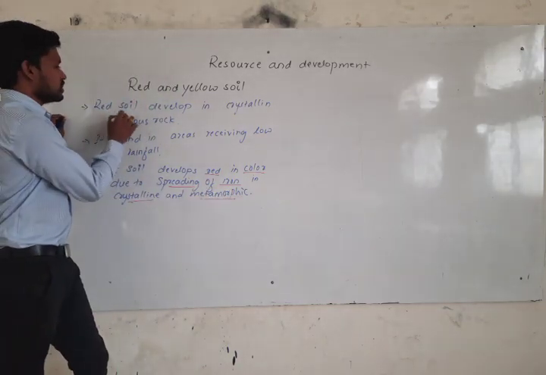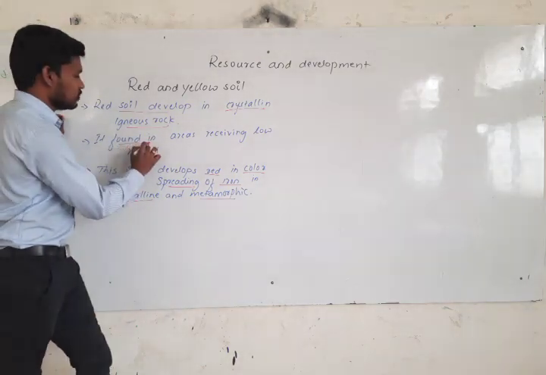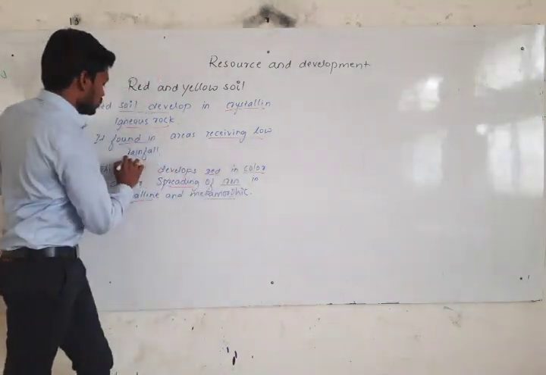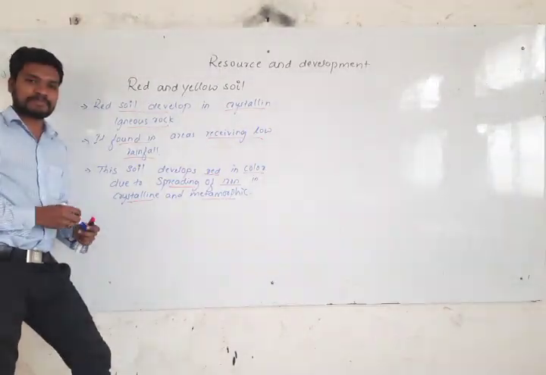So this red soil develops mainly in the crystalline igneous rock, and it's found in areas which receive low rainfall. So what are those areas which receive very low rainfall?